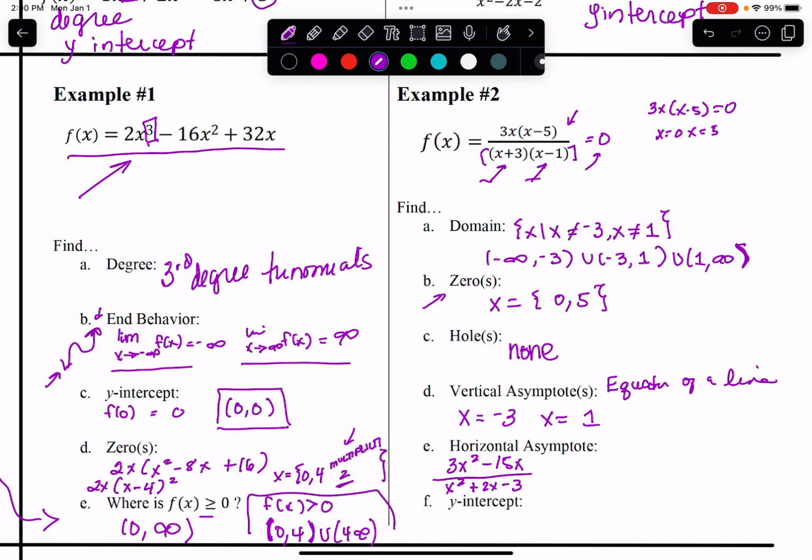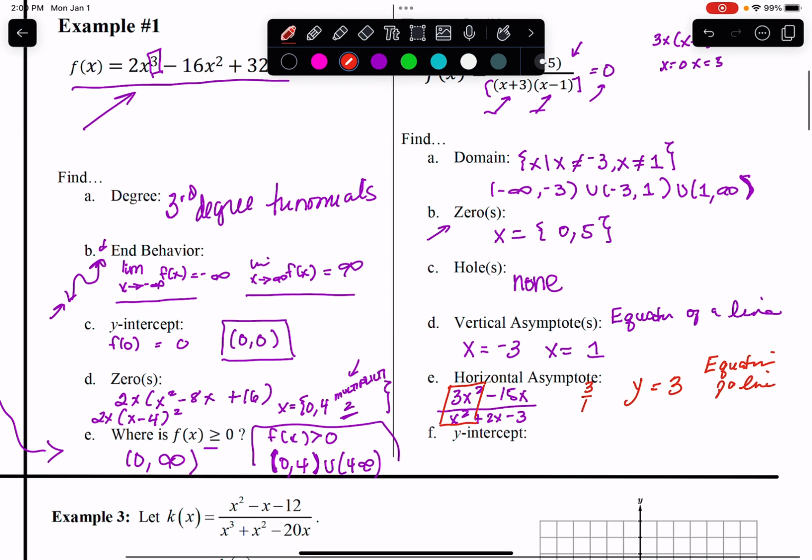Now, remember the rule about your horizontal asymptotes. You look at the leading coefficient of each one, and if the degree is the same, then it's the leading coefficient over the leading coefficient. So that would be 3 over 1. Because they're both x squared, we would have y equals 3 as our horizontal asymptote. Again, a horizontal asymptote is an equation of a line. Okay, so we would write it as y equals 3.